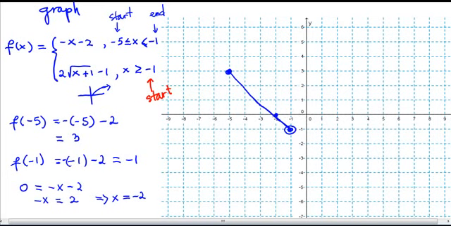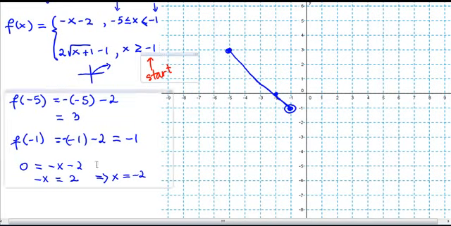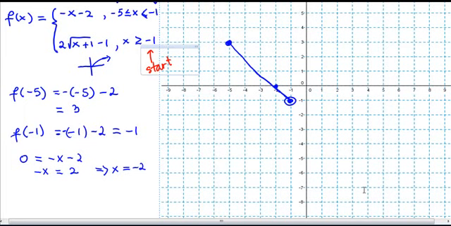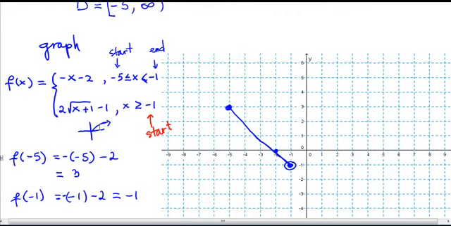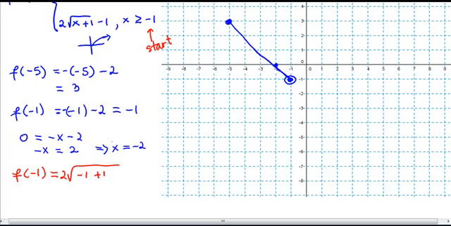So where we start here, let's see what happens. To know the y value at -1, I'm going to evaluate f of x at x equals -1 using this equation. So f of -1, and I have 2 times the square root of -1 plus 1, and then minus 1.